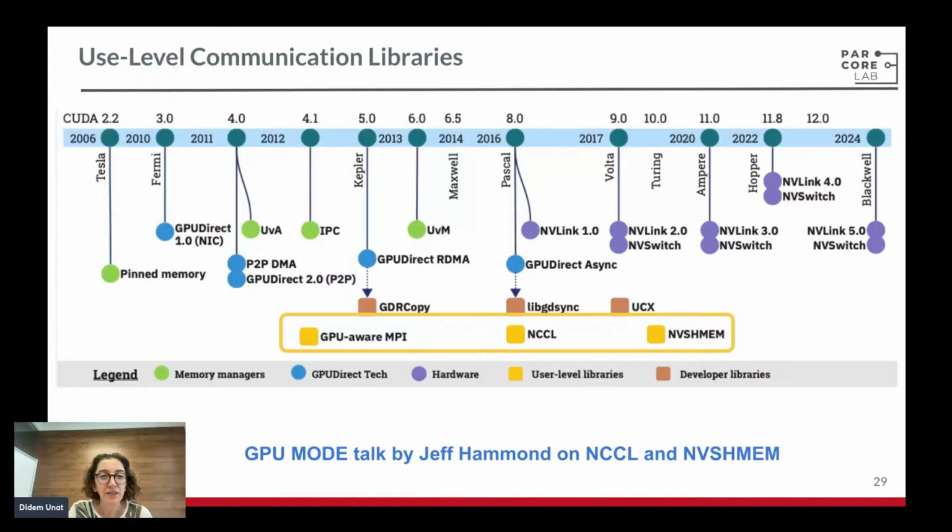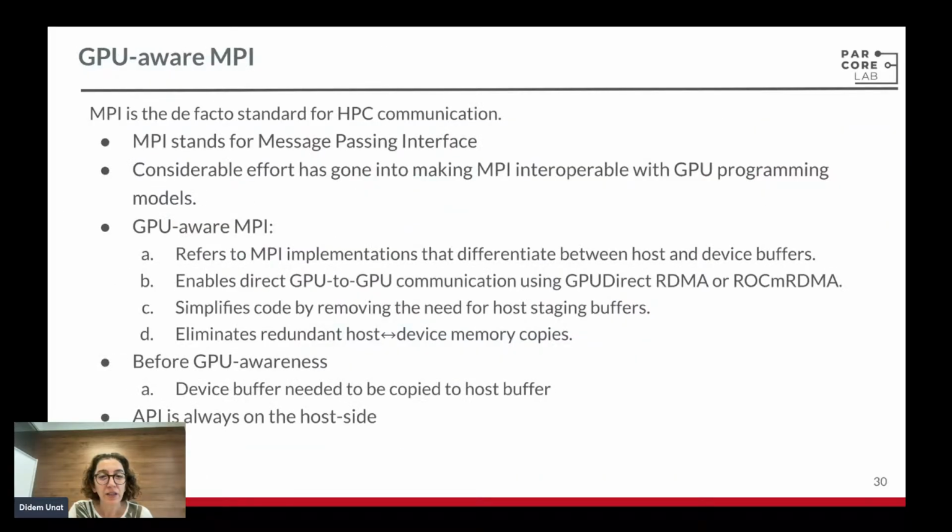Okay, so let's start with GPU-aware MPI, because I came from the HPC domain. MPI is the parallel programming library that we teach and use. There is so much legacy code using MPI, and it works. It works when you run 10,000 GPUs or 10,000 cores or a million cores, however many cores you want.